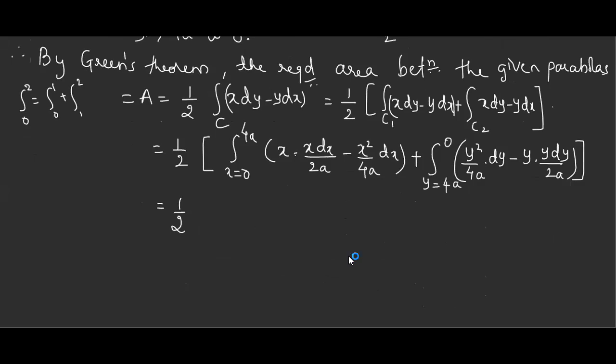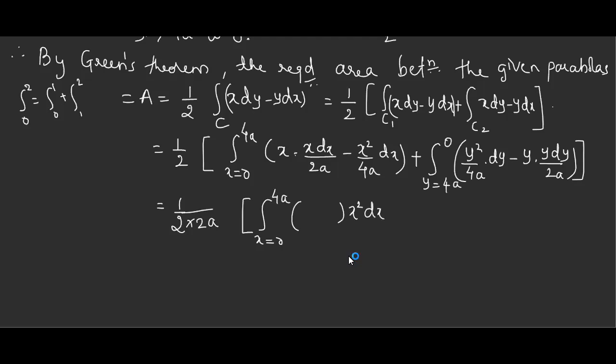What can I take out? The least number, right? 1 by 2a can be taken out. Let us take it and see what you will get. So x is varying from 0 to 4a. Now in these two terms, can I take dx out? x square dx is out.